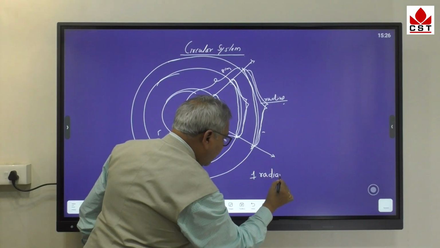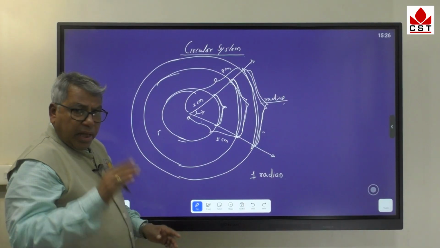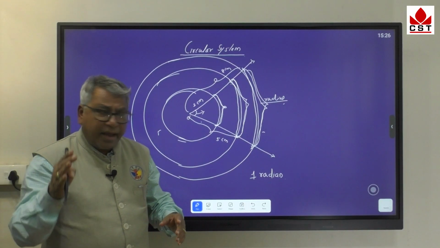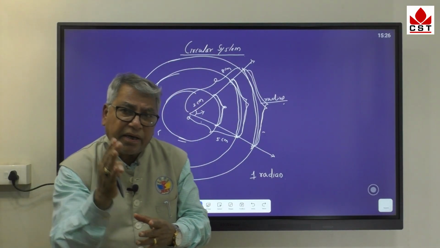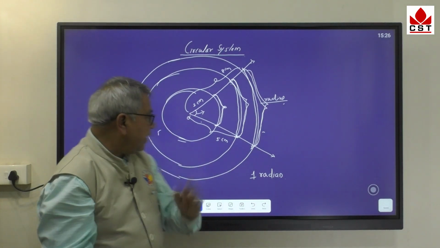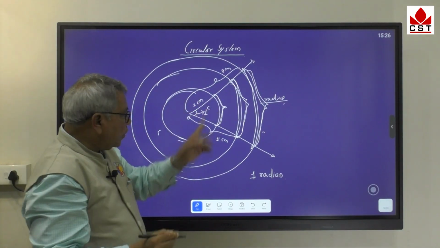This is called 1 radian. Correct? So, this is a unit for measuring the directed angle in a circular system known as 1 radian. What is a 1 radian? That is a notation, 1 radian.